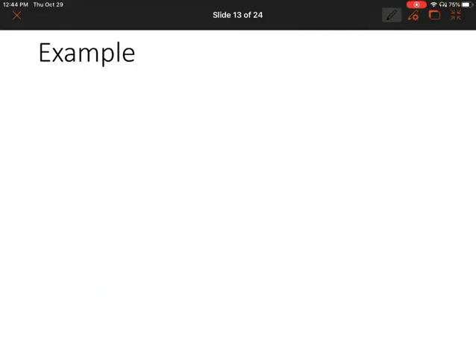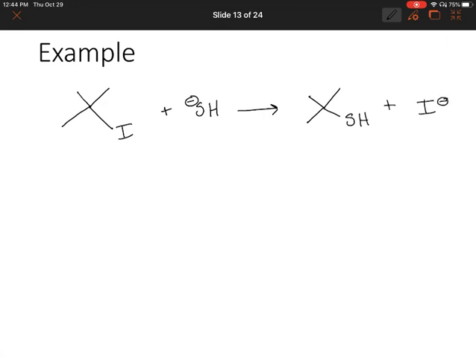Okay, so let's say we have the following molecule, and it reacts with this anion here, and we get the following products. So just as a quick practice problem, let's name the first reactant.